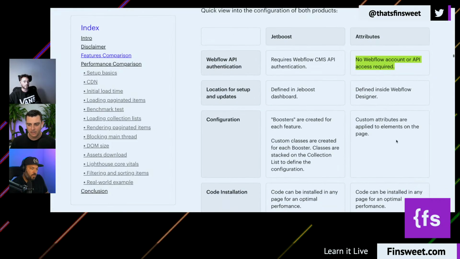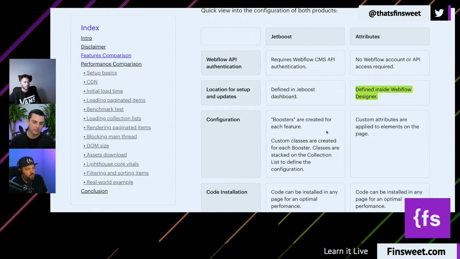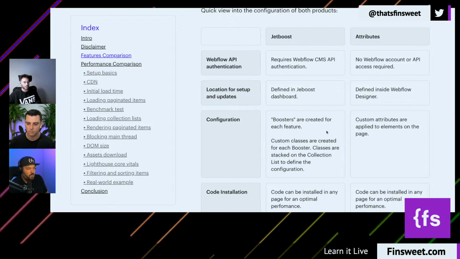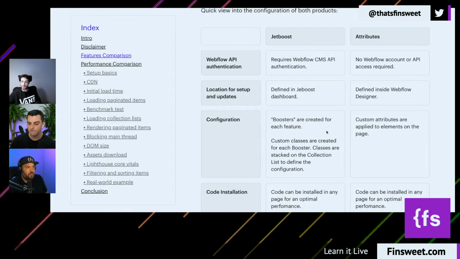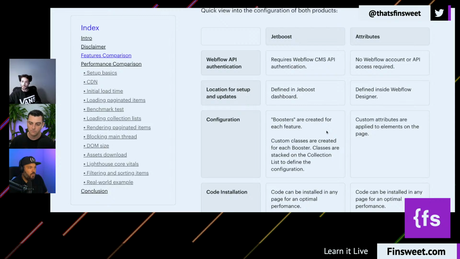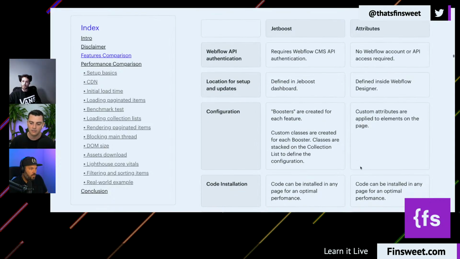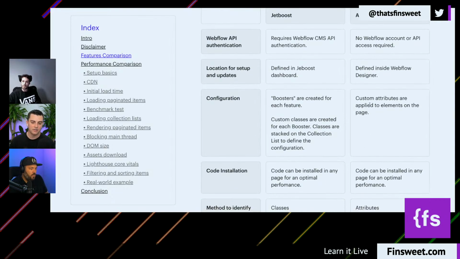And the next one, location for setup. In JetBoost it's the dashboard. The Attributes setup is inside the Webflow Designer. It's all done inside. You refer to the docs, all the work is in the designer. Configuration, boosters are created for each feature. Custom classes are created for each booster. Classes are stacked on collection lists to define the configuration.